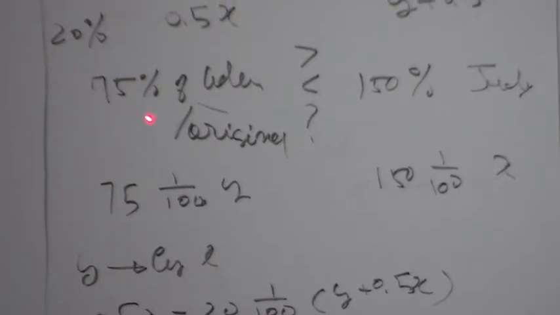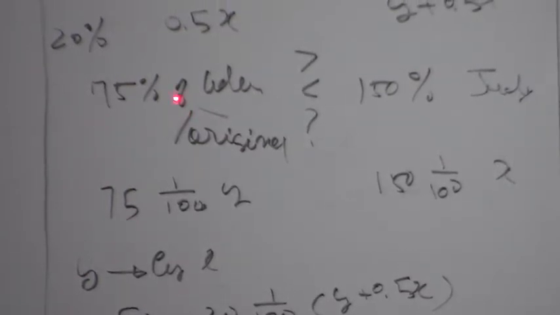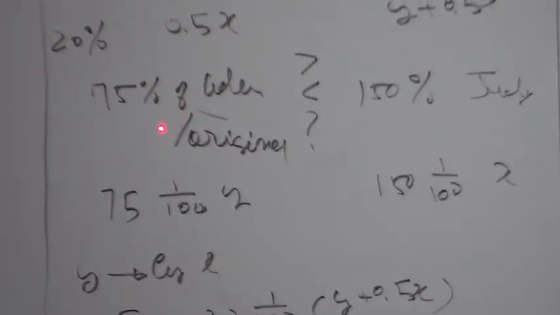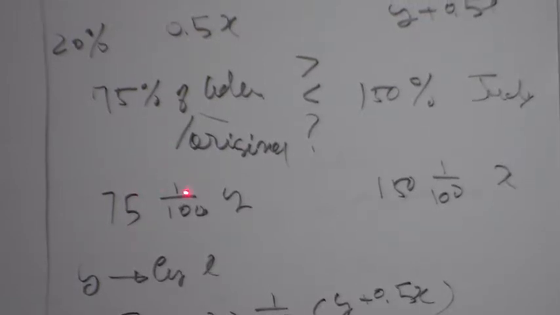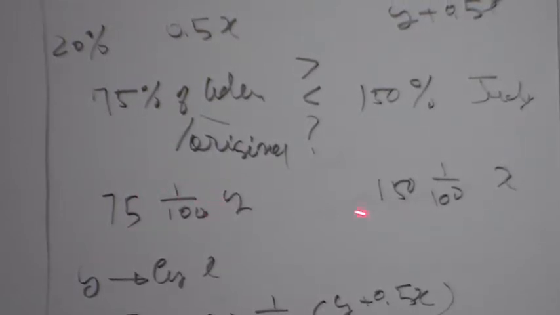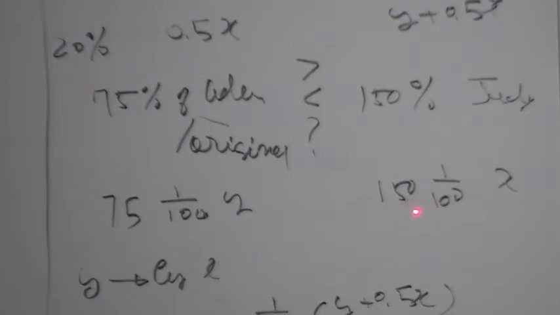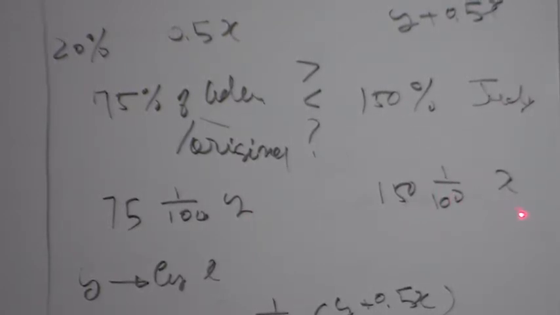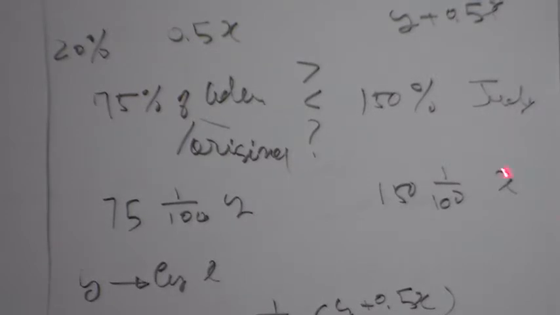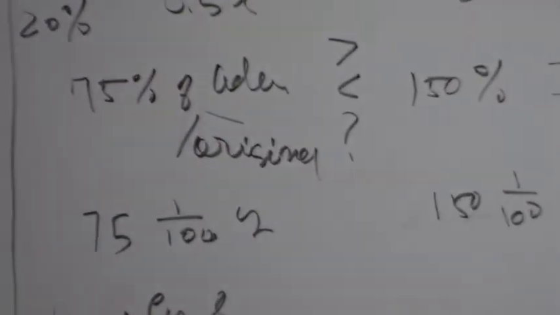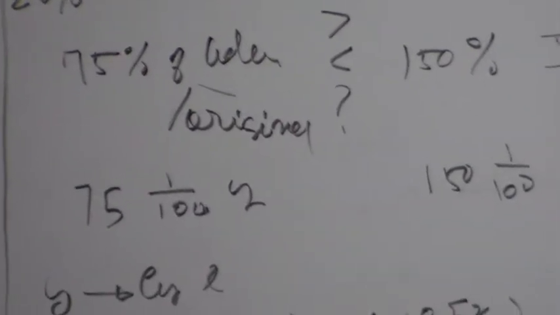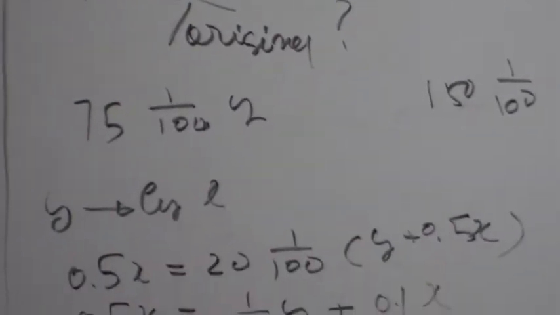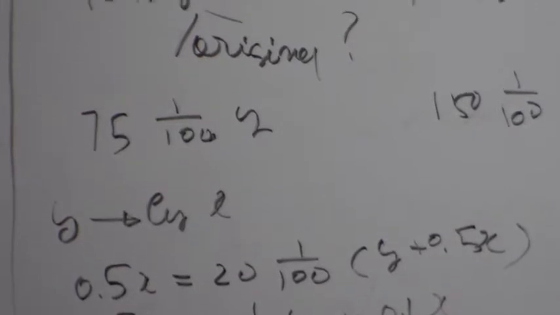So this sentence we're gonna interpret into math terms. 75% is 1 over 100 times 75 times y. Is it greater or less than 150% of x, 1 over 100 times 150 x? Judy has x dollars initially.